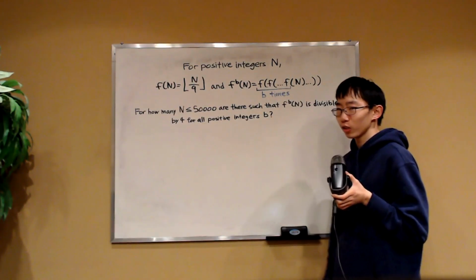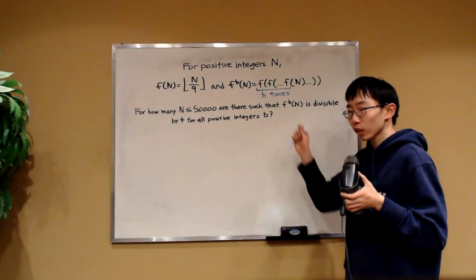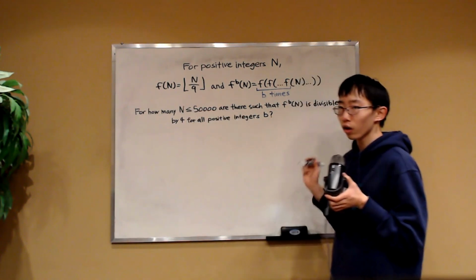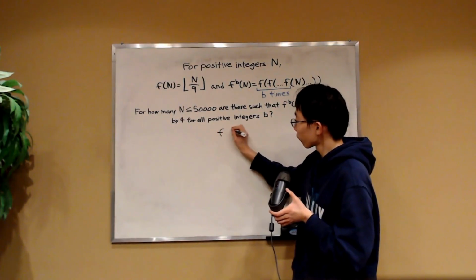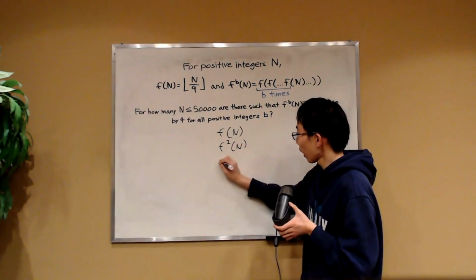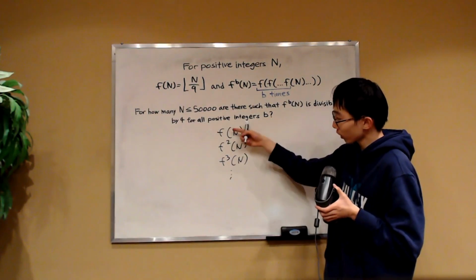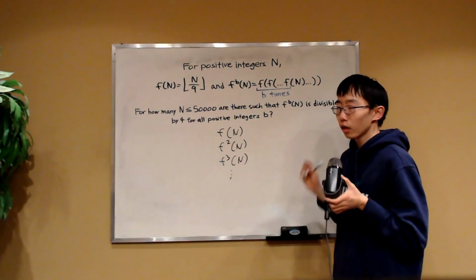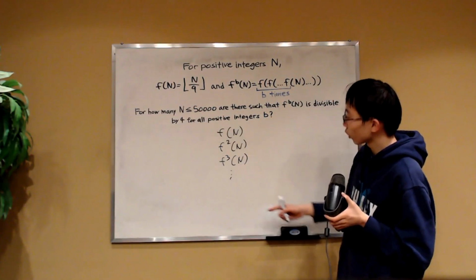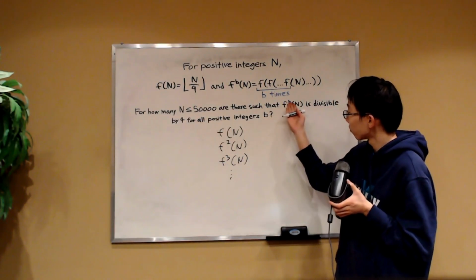Now take a moment to digest what this means. Basically, it's asking how many positive integers n smaller or equal to 50,000 are there such that f of n, f to the 2 of n, f to the 3 of n, and so on, infinitely, so basically any positive integer up there, will all be divisible by 4, for all positive integers b.